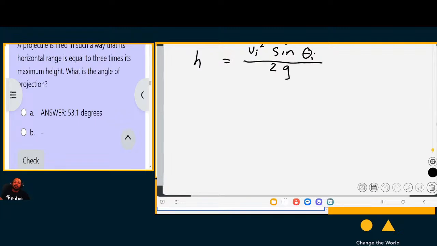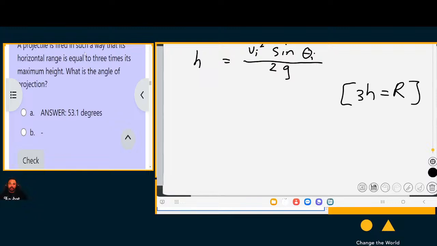That is the height. Now we've established that 3 times the height is equal to the range. We want to work out what exact angle should be used so that 3 times the maximum height is equal to the range.